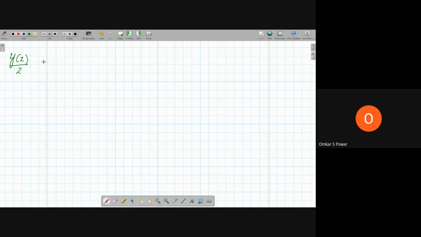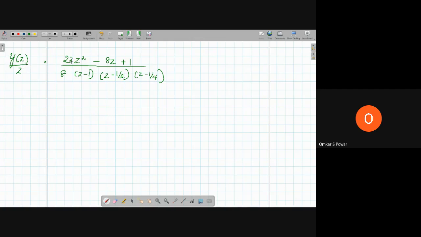So you will get it as 23z square minus 8z plus 1 divided by 8 into z minus 1 into z minus half into z minus 1 by 4. So you have to bring it in this form. Okay. So you'll get Y of z by z in this form.